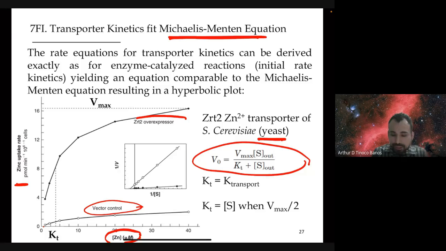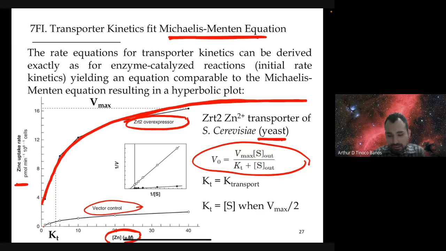However, when that transporter is overexpressed, meaning that you have a high concentration of that transporter, what you're going to see then is the saturation curve. A saturation curve can imply that you're saturating the amount of sites available for a given metal ion to be moved.